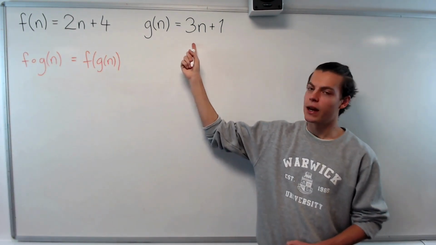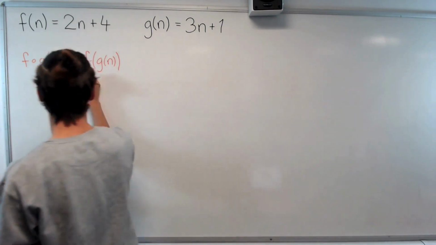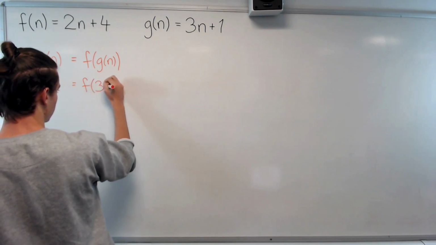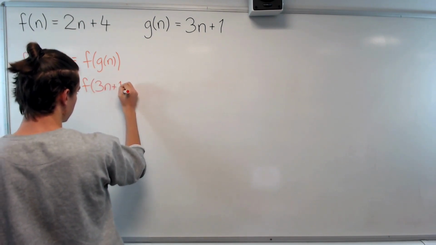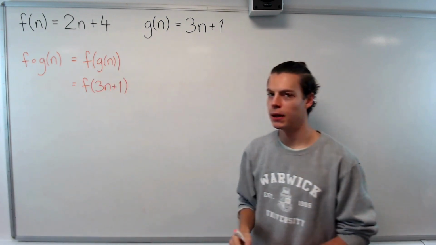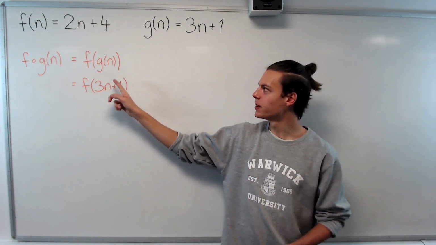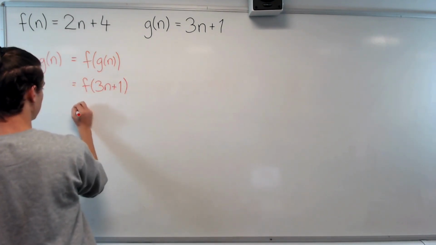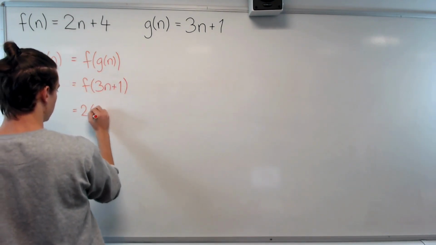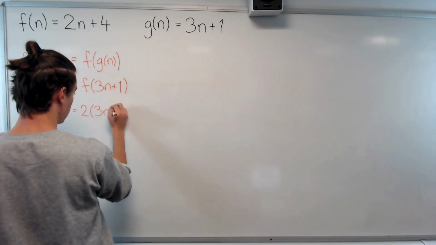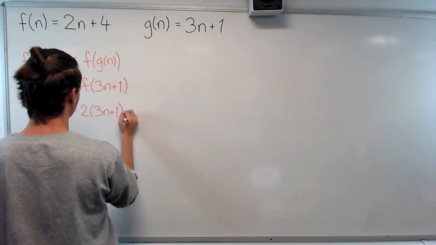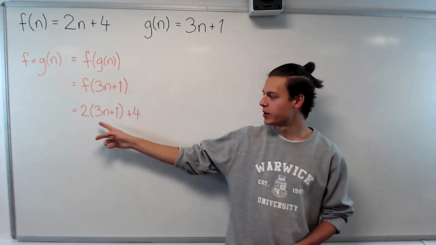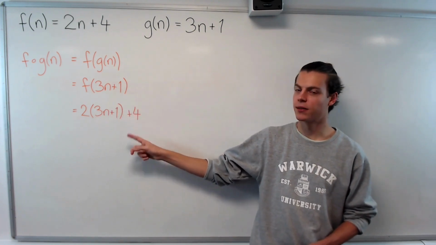g of n is 3n plus 1. And now we apply f to 3n plus 1, which gives us 2 times (3n plus 1) plus 4.